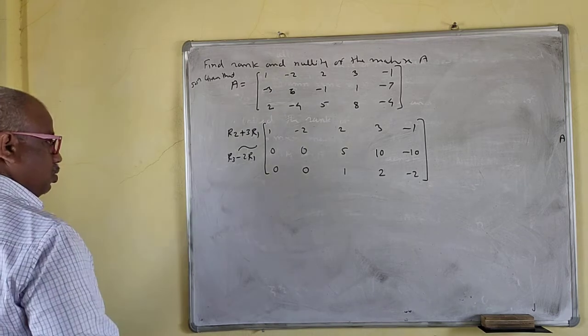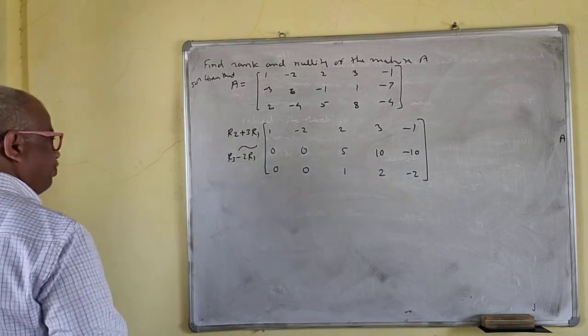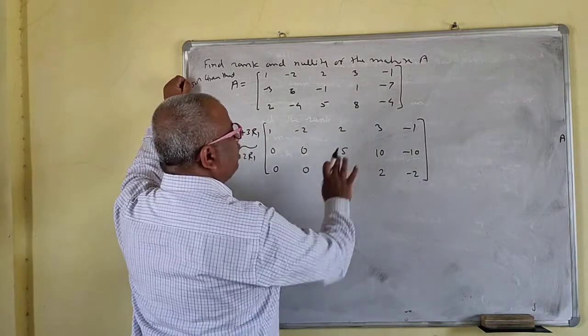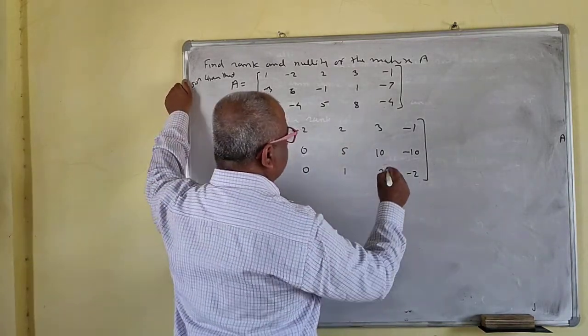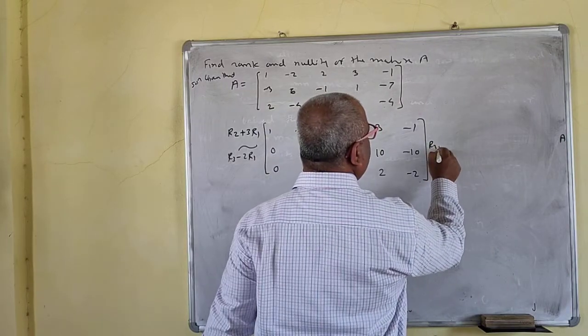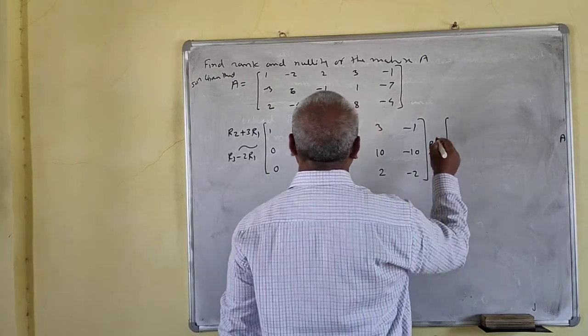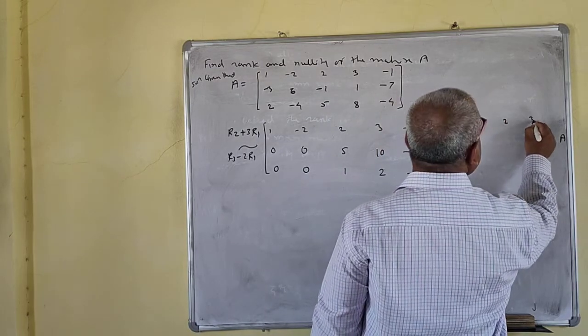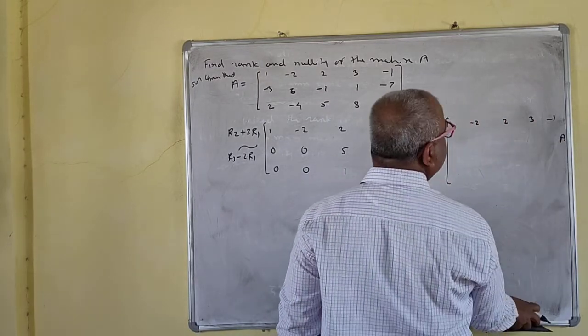Okay. So we may divide by this, or you may interchange this. Okay, so we'll interchange this. R2 and R3 interchange. 1 minus 2, 2 3 minus 1.